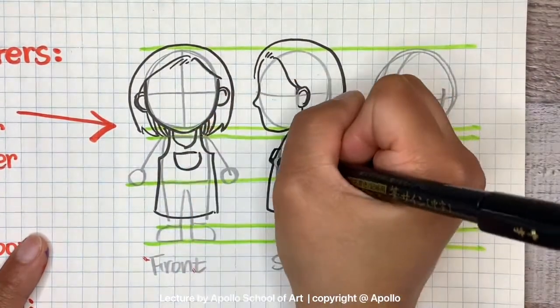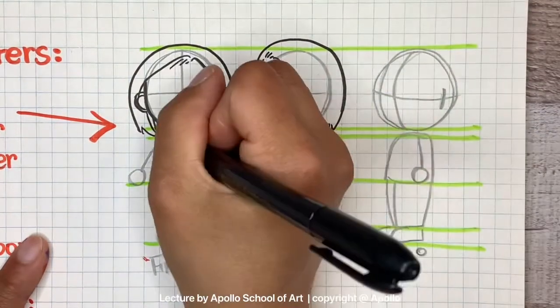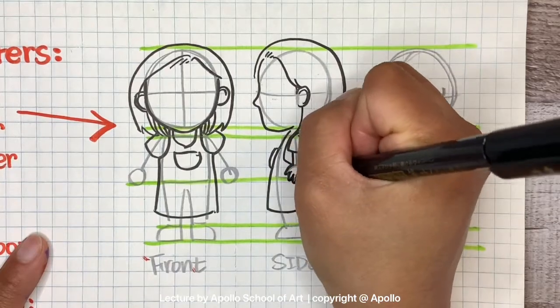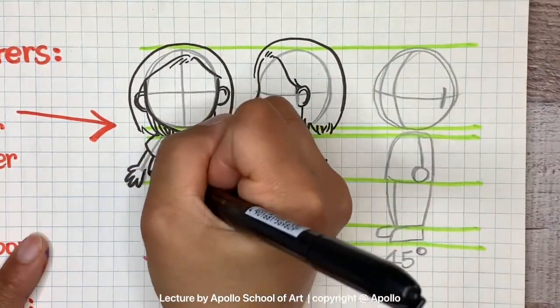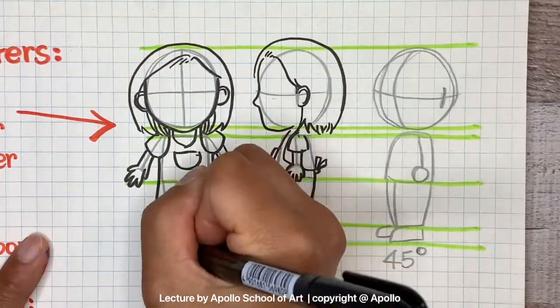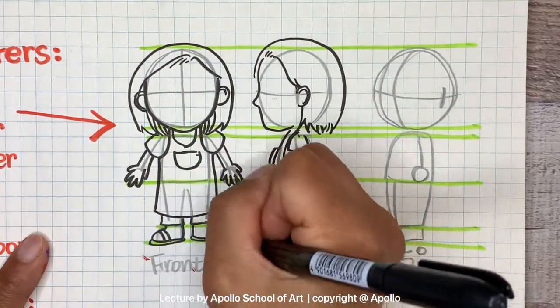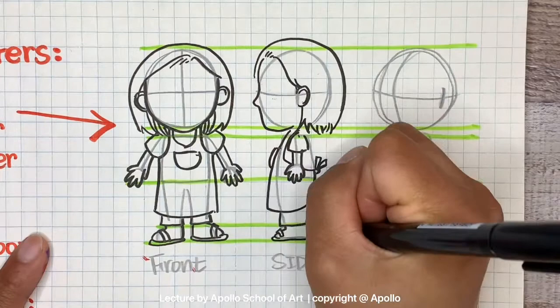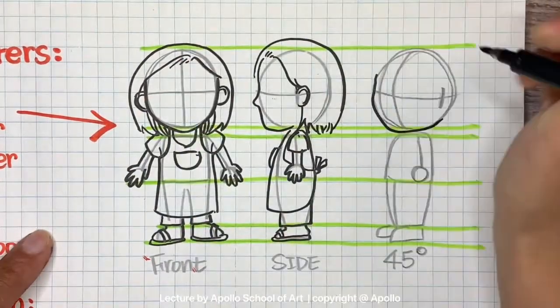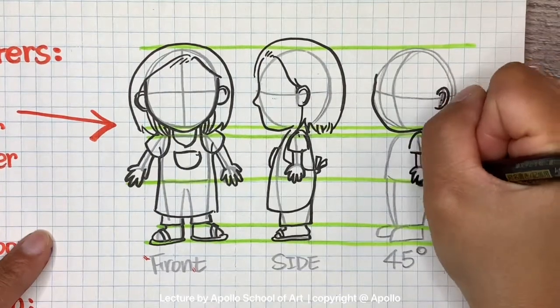See, even my hands are on the same level. The arm is not going to be longer or shorter. Okay, so try to add as much detail as you can. Okay, so finish the front, finish the side, then you can work on your 45 degree angles.